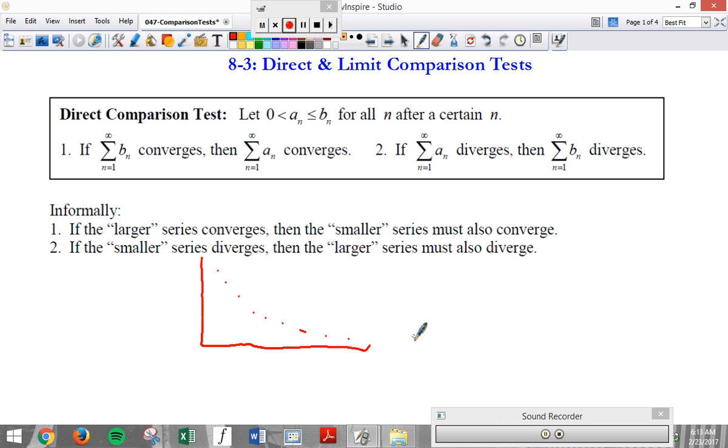That does not tell us it converges. So, if we could find a green series that was less than it, like let's say green is the sum of 1 over n. That's the harmonic series that diverges by the p-series test.